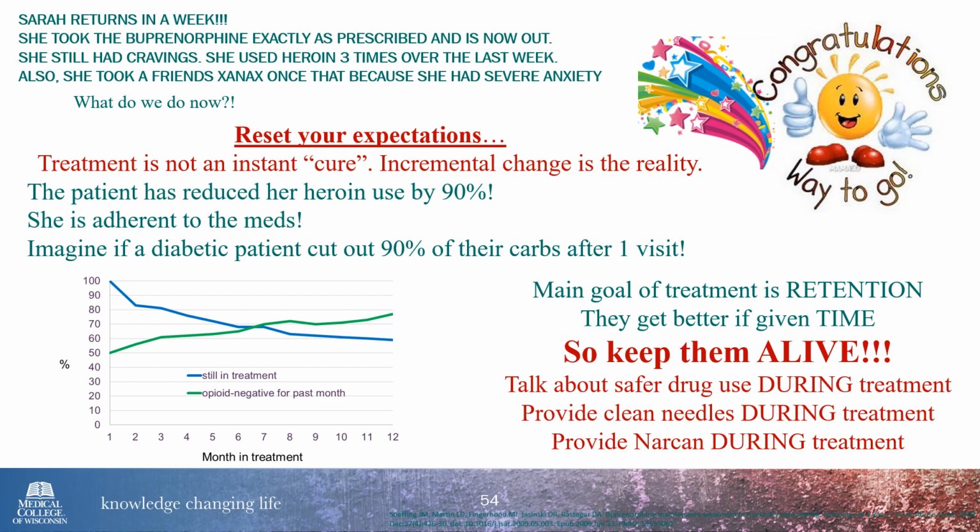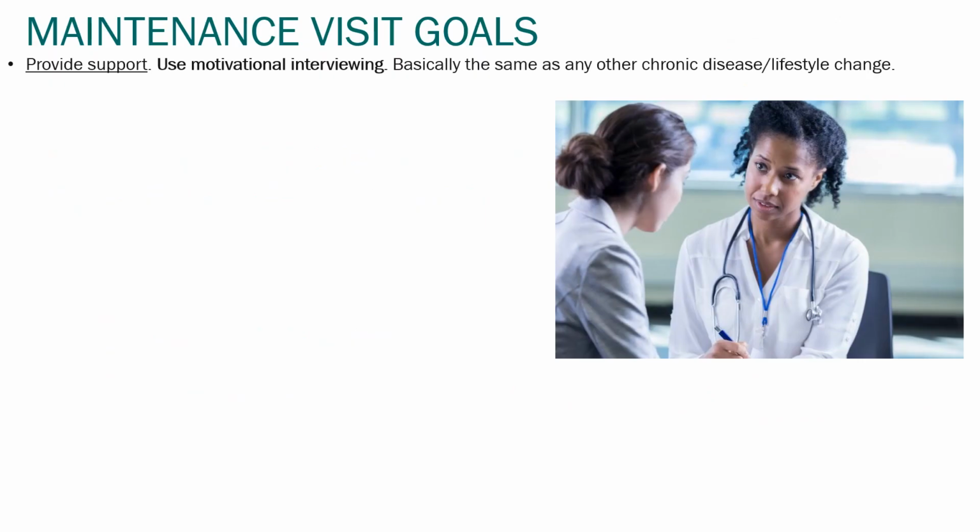So you get them on the buprenorphine because it increases their tolerance and make sure that they're taking it. But we should also do those harm reduction things that I talked about before. Talk about safe drug use, provide clean needles if they're injecting, provide Narcan at every single visit and make sure that they have it and people know that they have it. So after your initial induction visit, every visit after that is really just an opportunity to use motivational interviewing and continue them on their medication.